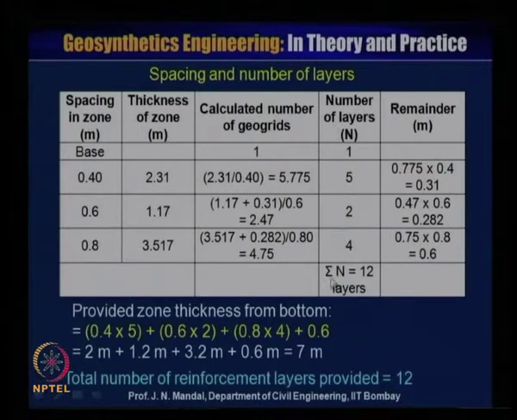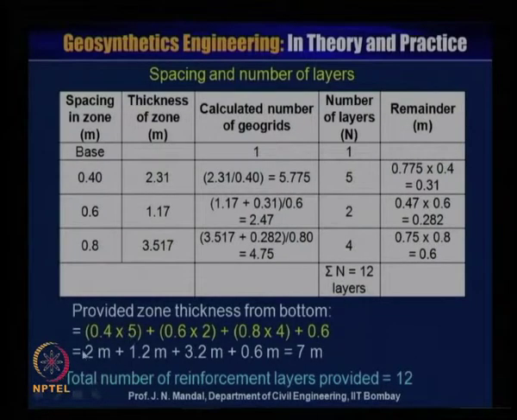So here you can see what the number of layers will be. If you add 1 plus 5, 6, plus 2, 8, plus 4, 12. So the total number of layers will be 12. You have to place about 12 layers of geogrid in this slope. The zone thickness from the bottom is 0.4 into 5 plus 0.6 into 2 plus 0.8 into 4 plus remainder 0.6.